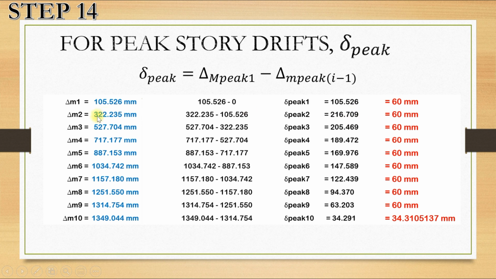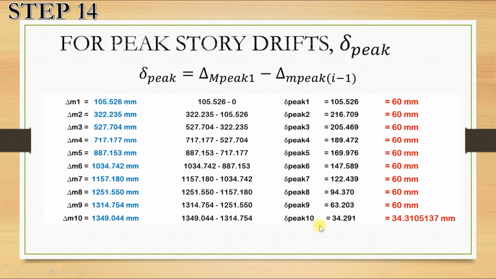Dito naman sa delta M3, minusan na naman natin ito ng value ng M2. So, 527.704 minus 322.235 mm. So, ito na yon. So, ang magiging peak story drifts niya ay 205.469 hanggang dito sa delta M10.